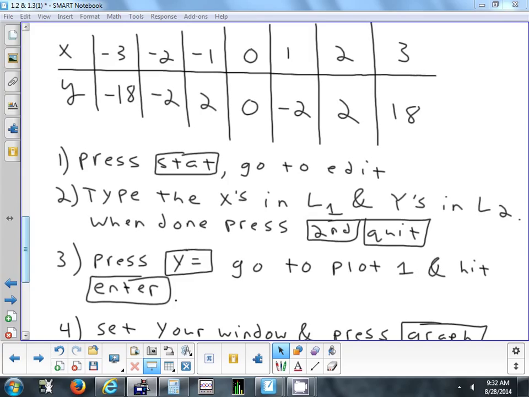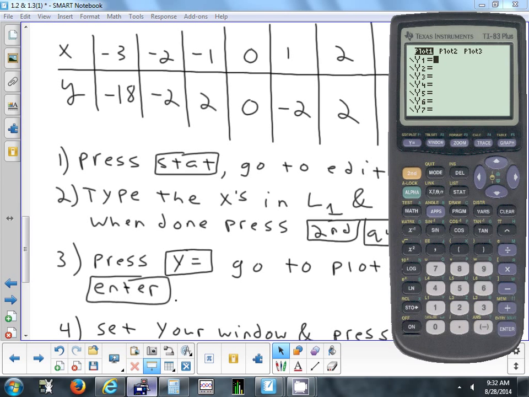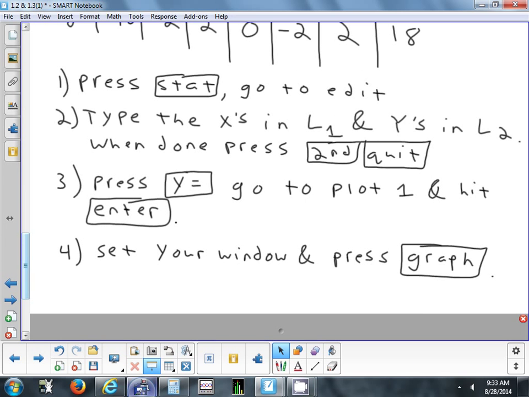Yeah, I'd go -20 and 20. Don't go right to -18 because you might not see it. It could be on the edge of the screen. So you got your window, -5 to 5, and -20 to 20. Okay, so set your window and press graph.